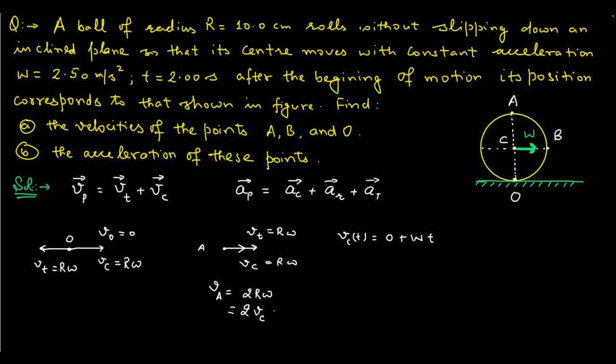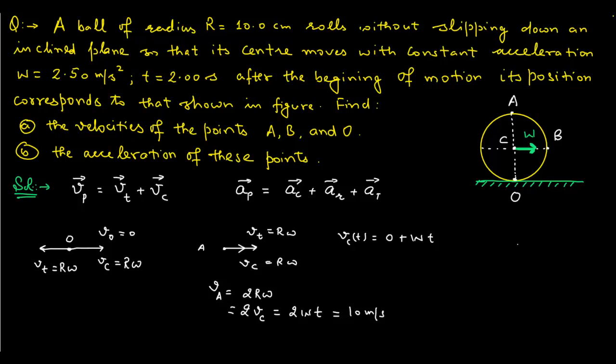So the velocity of point A after time t is 2wt. W represents this acceleration, so 2.5 into 2, that is 5. So the velocity of point A after 2 seconds of start is 10 meter per second.